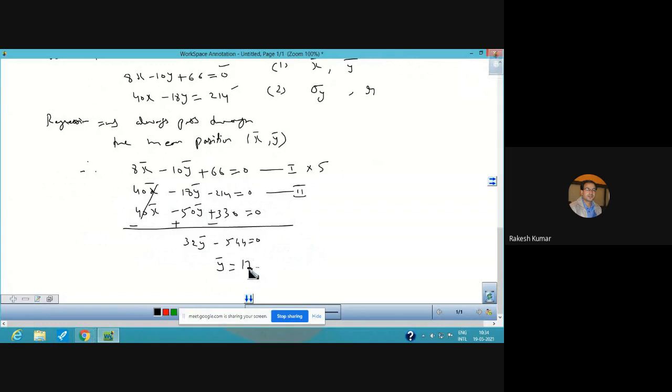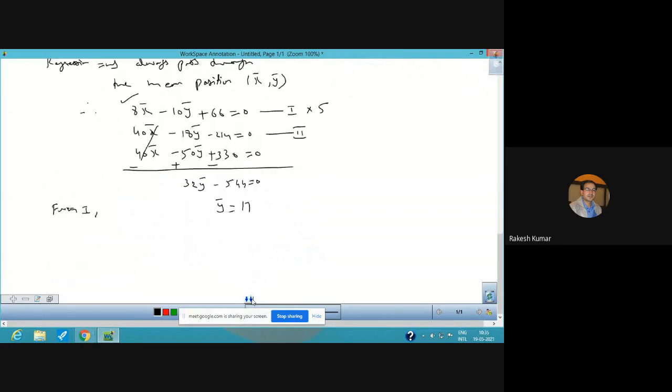This value of y bar can be substituted in equation 1. So from 1, we get 8x bar minus 10 into 17, that is 170, plus 66 is equal to 0. So 8x bar comes out to be 104, so x bar comes out to be 13. So these are the values of x bar and y bar.